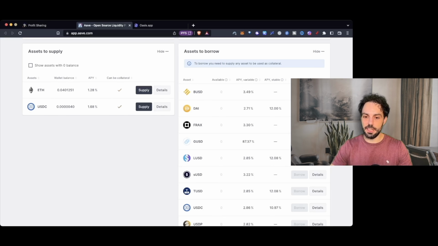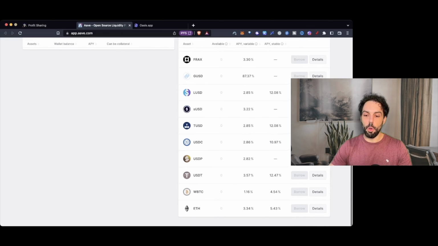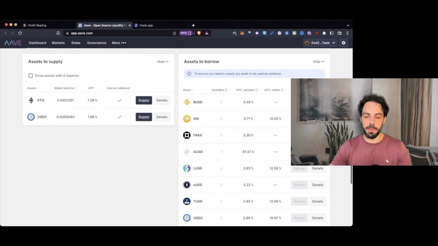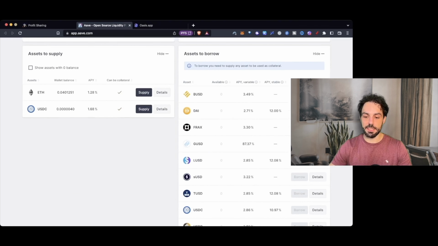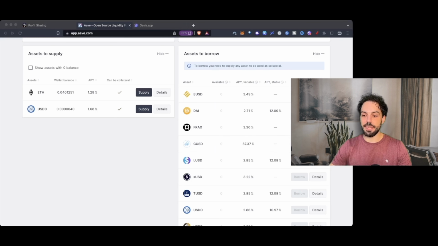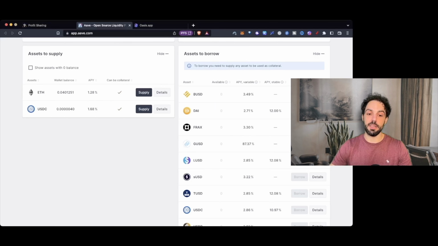Because as you can see here, assets to borrow. It means that people are able to borrow some amount of money while paying a certain amount of interest. As you can see, the interest paid by people that are borrowing any kind of assets is higher than the percentage that is paid by the protocol to people that are supplying money.